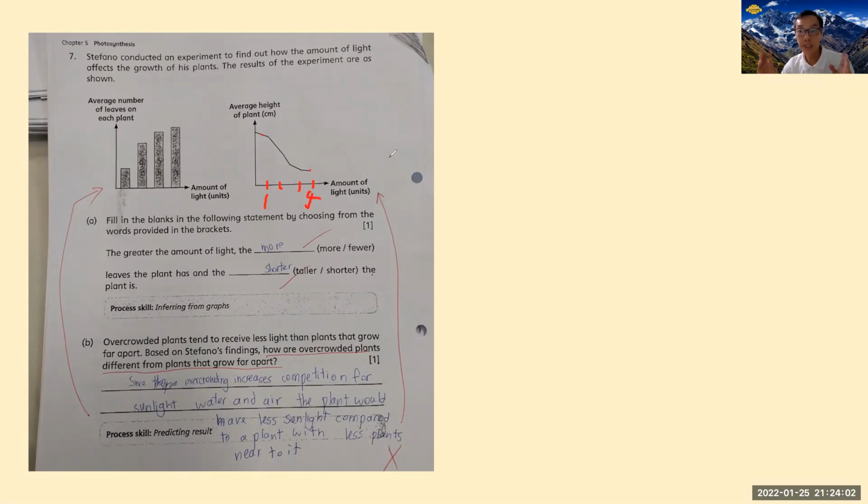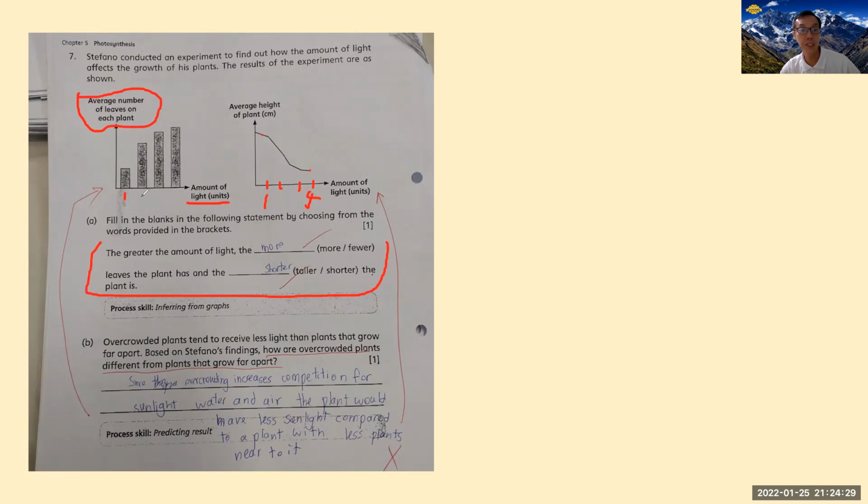It shows that when the plant receives more light, the average height of the plant is not higher, but shorter. Therefore, the student needs to fill in the blanks using the information above. The greater the amount of light, the more leaves. Why more leaves? Because you can see here, the average number of leaves increases as light intensity increases.